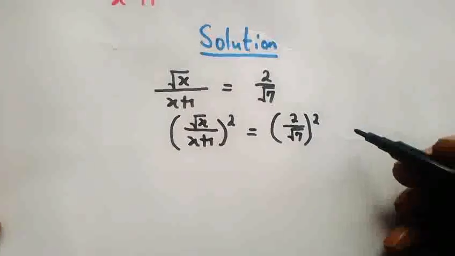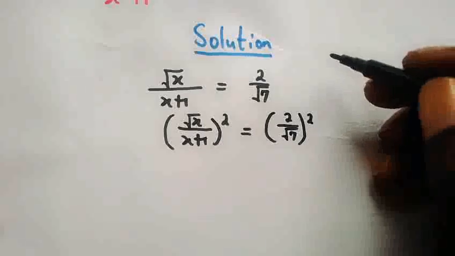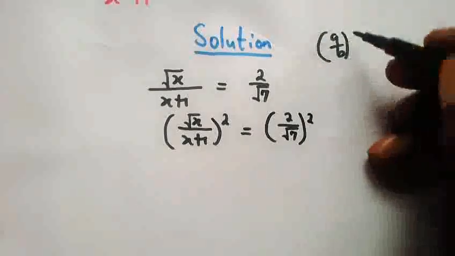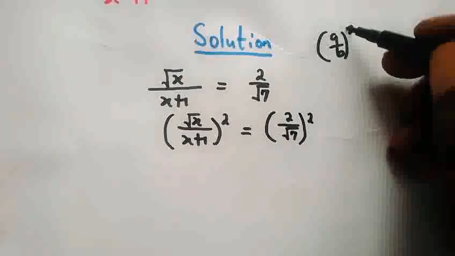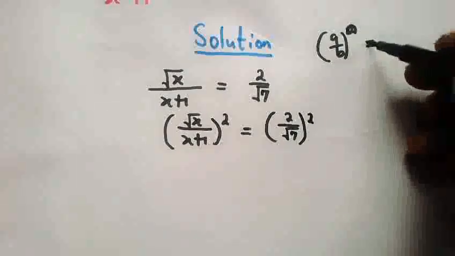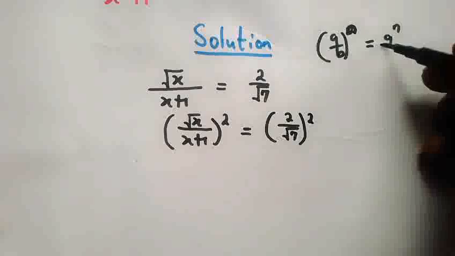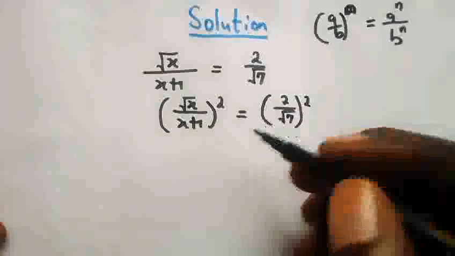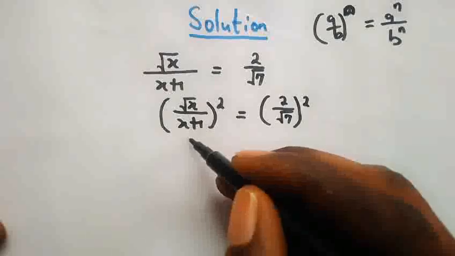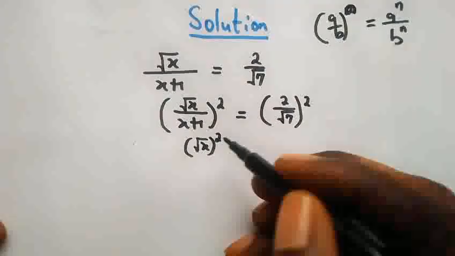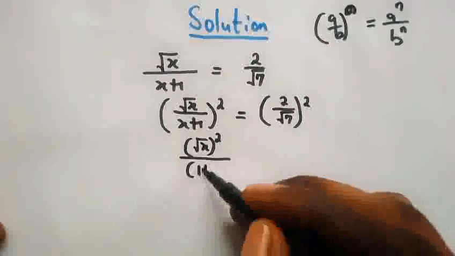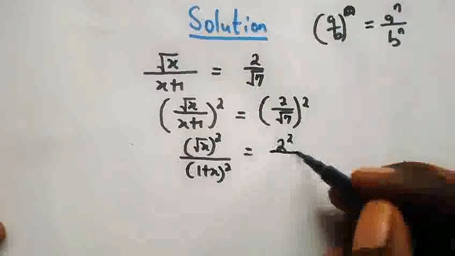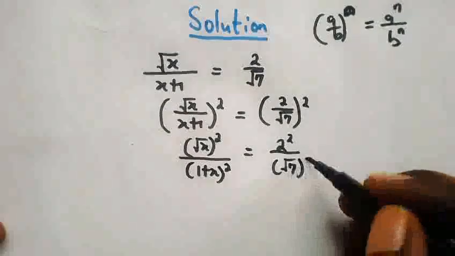Now there is one indices law we're going to use here: a over b raised to power n is the same as a raised to power n all over b raised to power n. So from here we have the square root of x raised to power 2 all over 1 plus x raised to power 2, and also 2 raised to power 2 all over the square root of 7 raised to power 2.